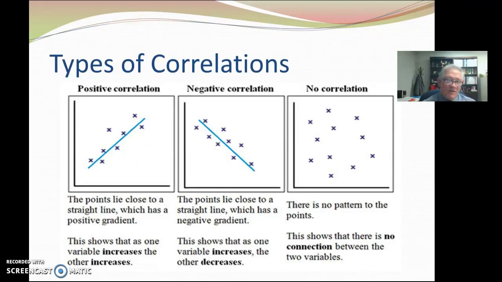On the left-hand side of the screen, you have examples of a positive correlation. If you look at that grid as a graph, then you know that as one variable goes up, the other variable also goes up. That is a positive correlation.